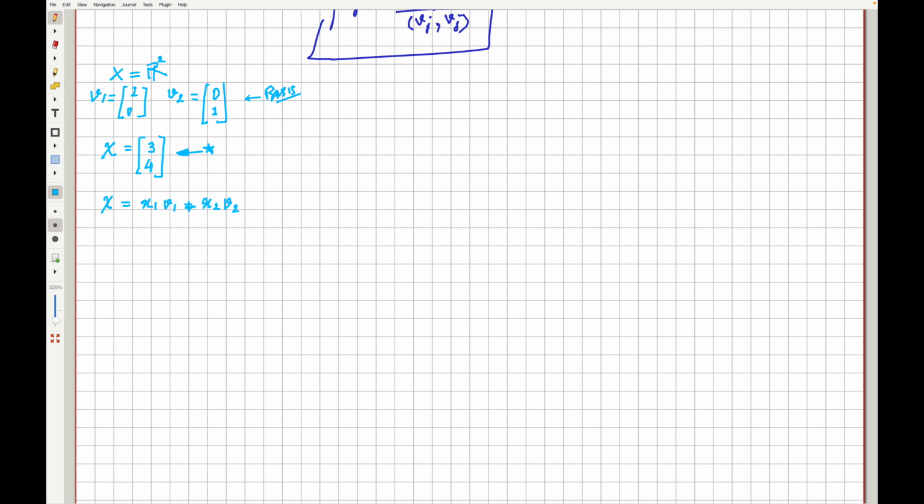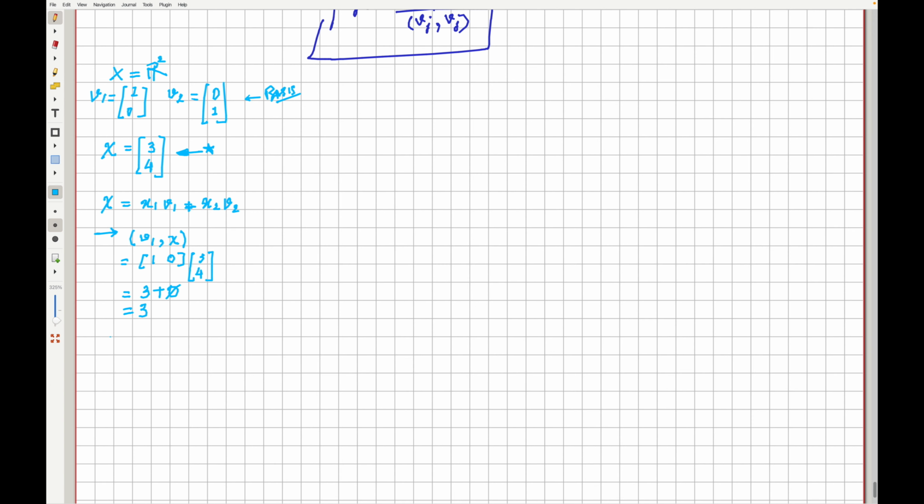If we now compute the dot products, let's say first we compute the dot product of v1 with x. v1 is (1, 0), and so we transpose that, and x is (3, 4). So we get 1 times 3 is 3, 0 times 4 is 0, and so we get a value of just 3.